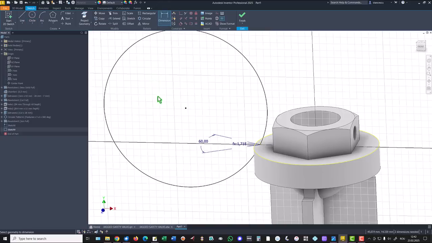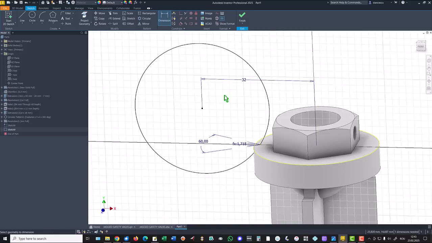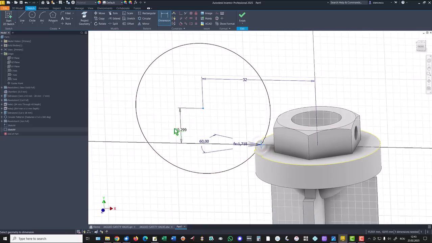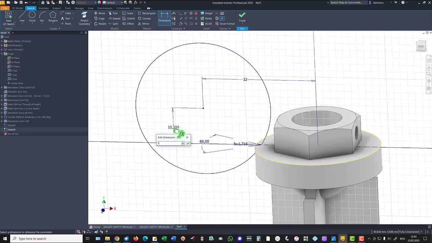This circle has this distance to the center point of 32, and the other distance to that point of 10.